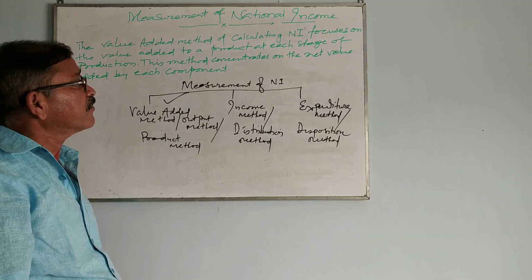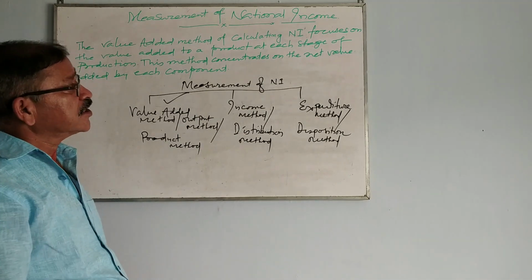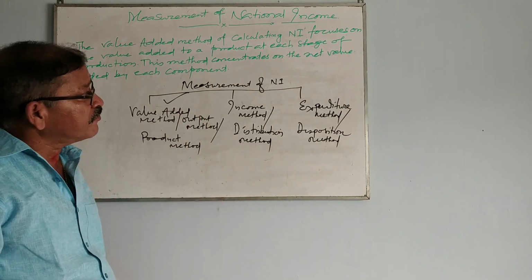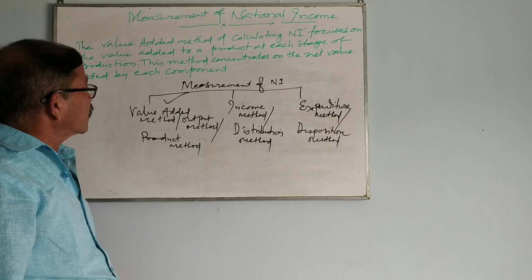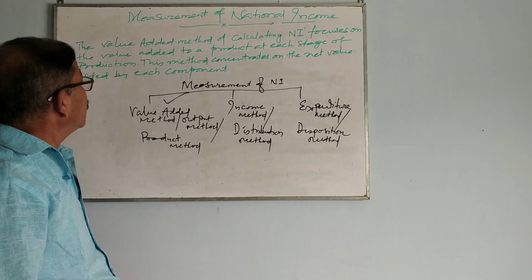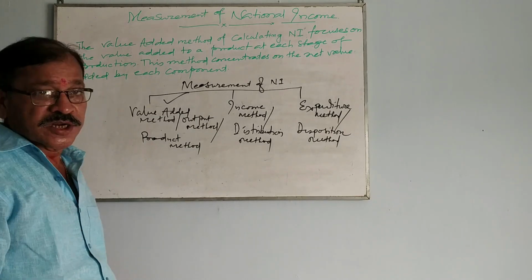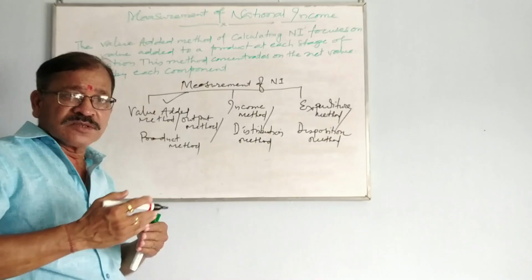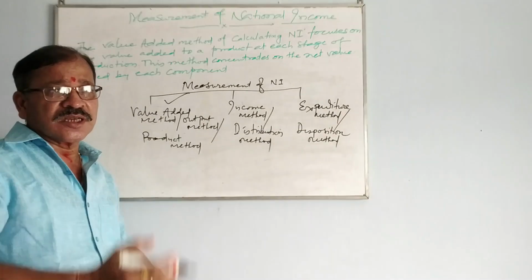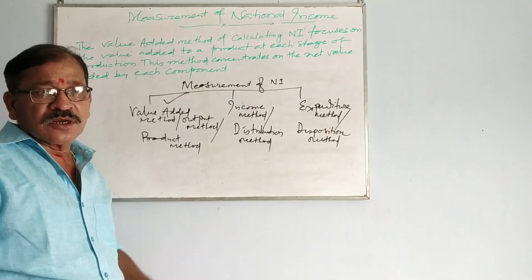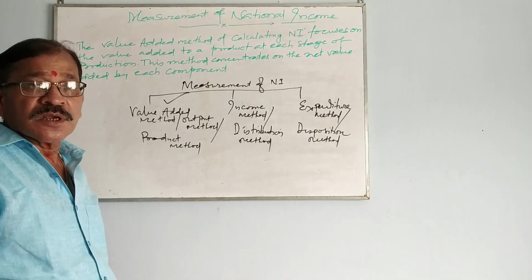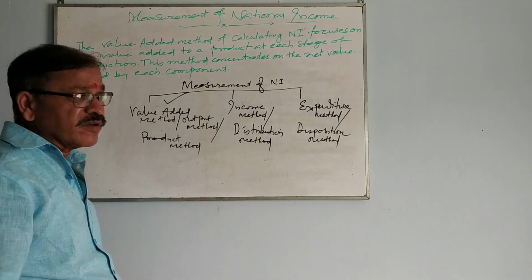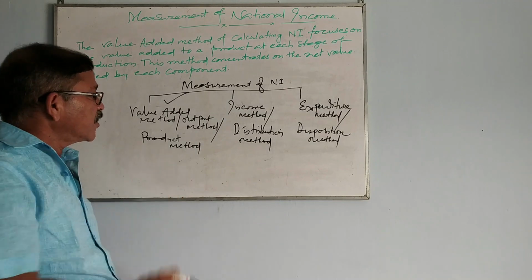The value-added method of calculating national income focuses on the value added to a product at each stage of production. This method concentrates on the net value added by each component, by each stage of production. If that value added at each stage is summed up, that becomes the value added method. So this is the basic explanation I have given about the value added method.